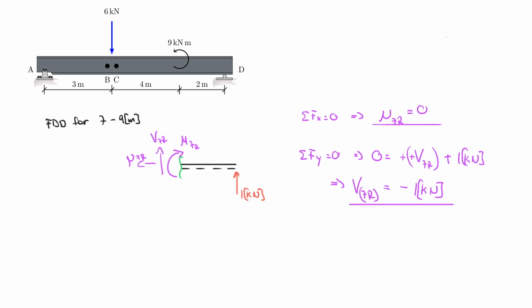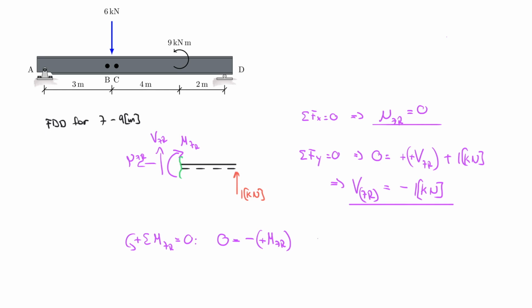Last but not least, I do the sum of the moments about 7 to the right. It's equal to 0, counterclockwise positive. And 0 is equal to, I start with my unknown, positive M at 7 to the right. But that turns clockwise, therefore it's a negative rotation. Then I have to pay attention here: the 1 kilonewton turns about this point counterclockwise with a lever arm of 2.